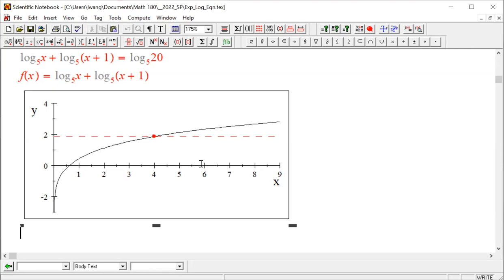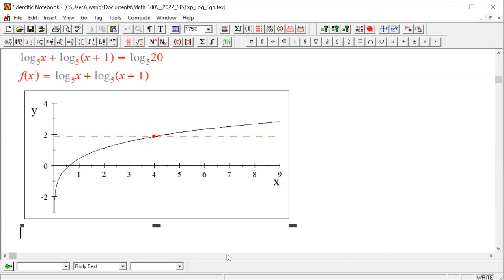Once again, this reference tells us how many solutions to expect. Certainly in this case, we only have one solution, and -5 is outside the domain. So we don't even see that curve going out to the other side.